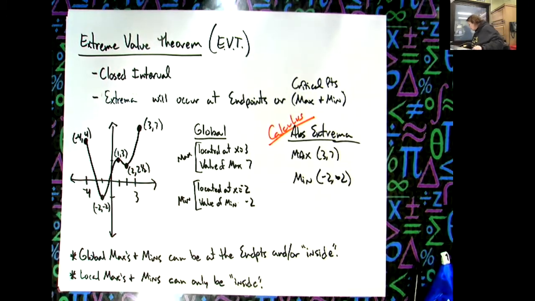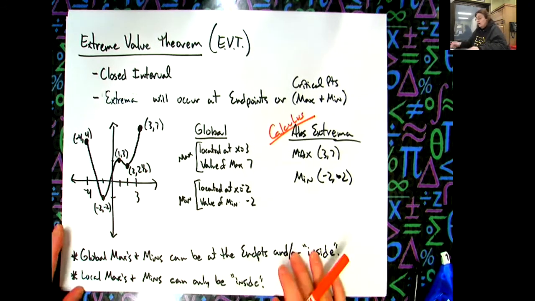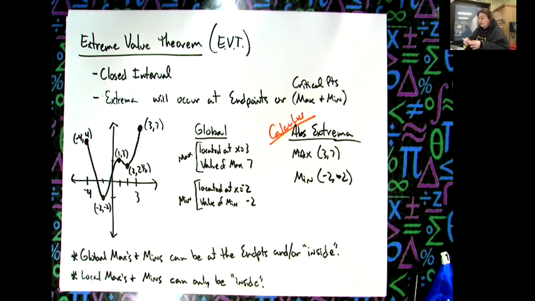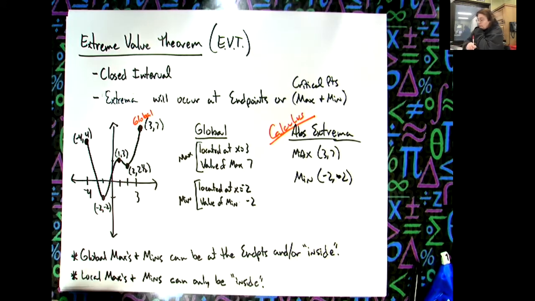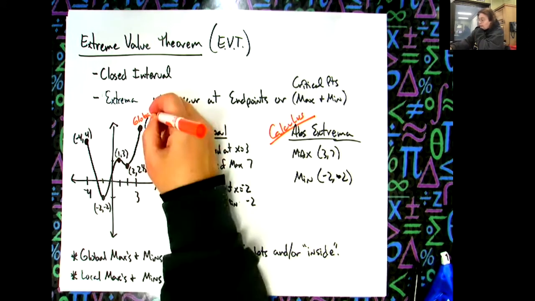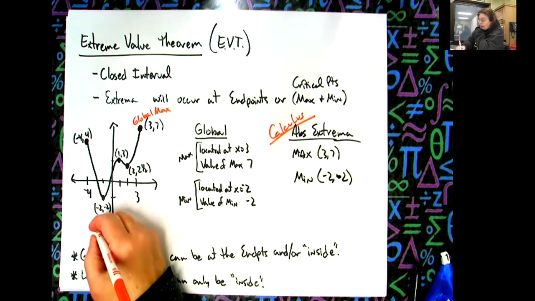All right, so now I'm going to pull out another color here and we're going to label. I'm going to color this picture up even more. Okay, so I'm going to label this as global max. I'm going to label this one as global min.